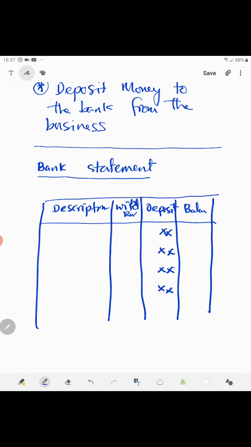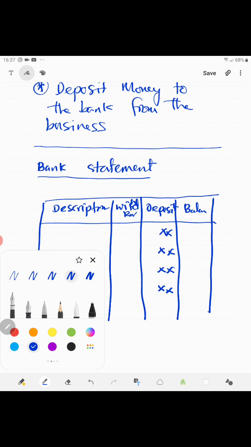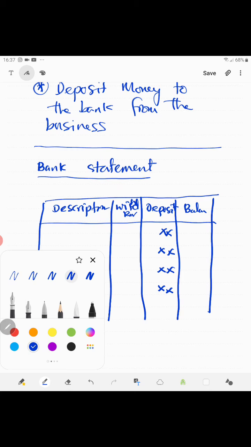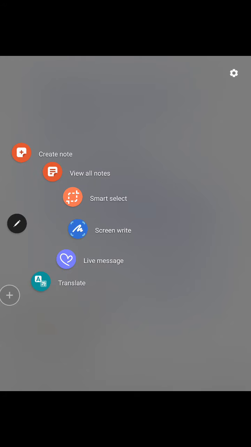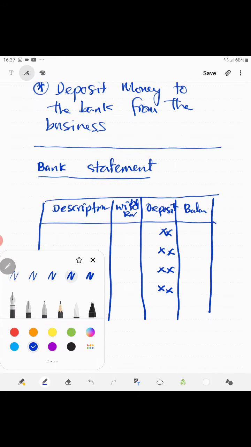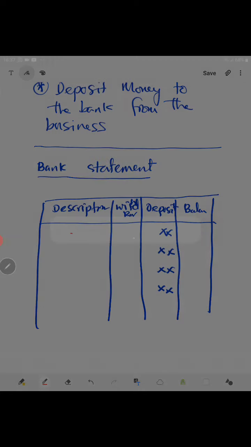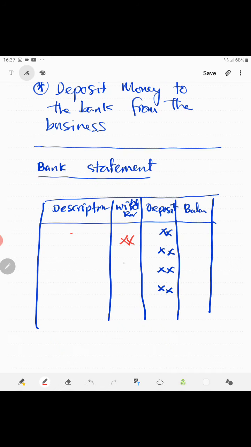While any withdrawals will be recorded in this column.